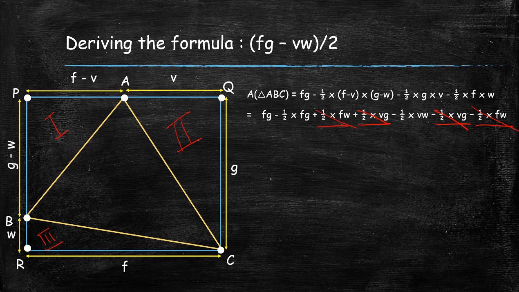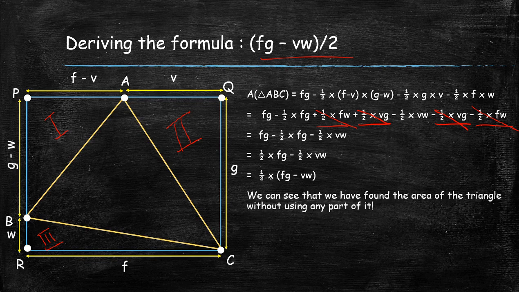So from such a big equation we get such a small equation, and then if we simplify this, we take common and write half into Fg minus half into Vw. If we simplify it more, we get the formula we wanted, (Fg minus Vw) upon 2, same as half into (Fg minus Vw).